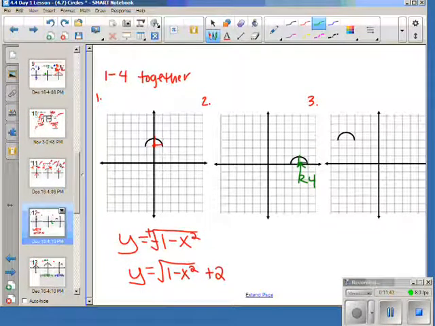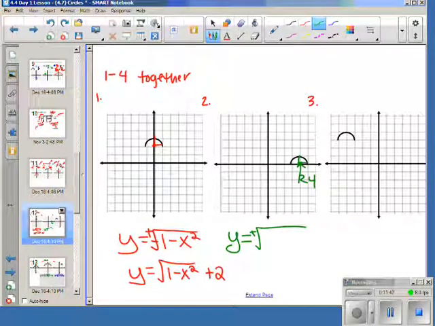It's the top half of our circle, so it's going to be positive square root of 1 minus, since we're going to the right 4, x minus 4 squared. Okay.